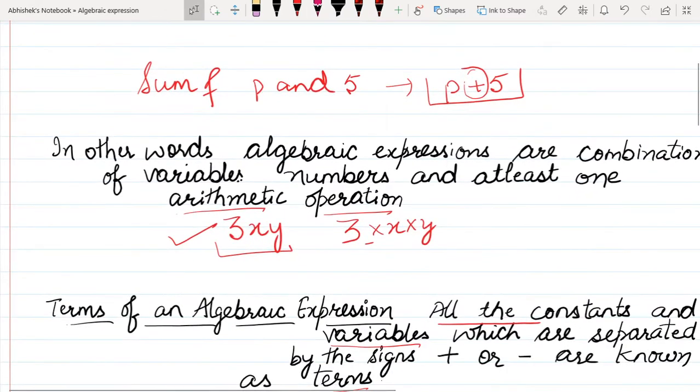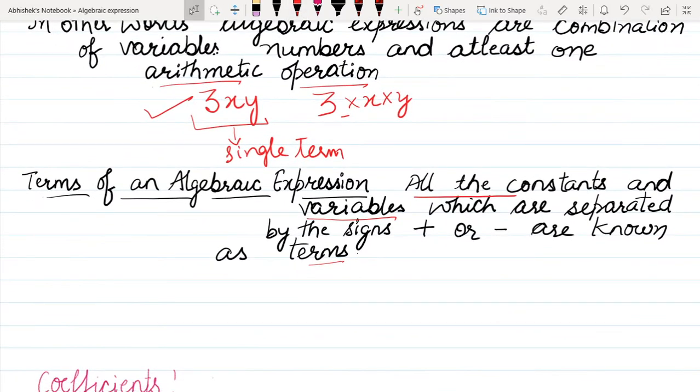But this 3xy is a single term, because terms are separated by only plus or minus signs.